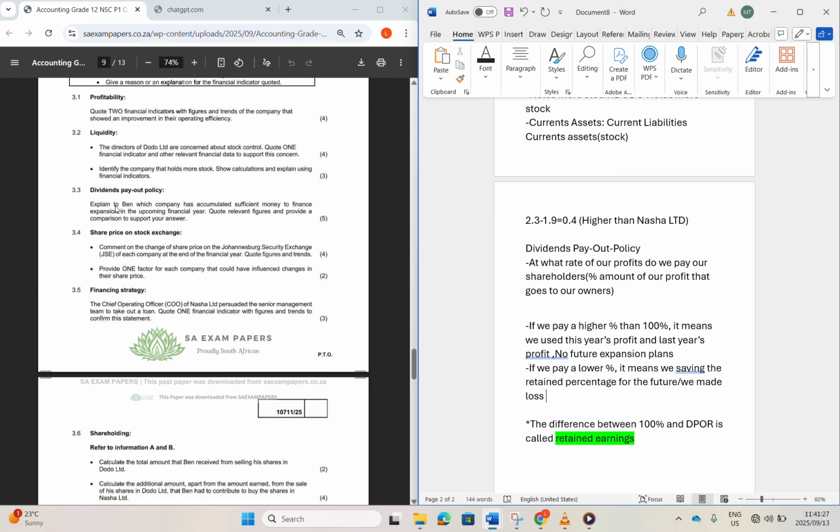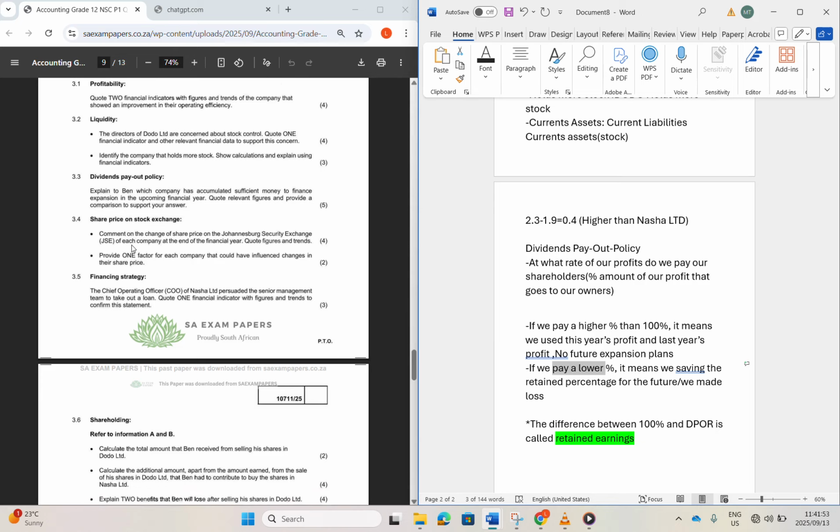For them to have future expansion, they must pay a lower percentage. If you come to my notes, for them to want more future growth or expansion, future finance, they must pay a lower percentage.